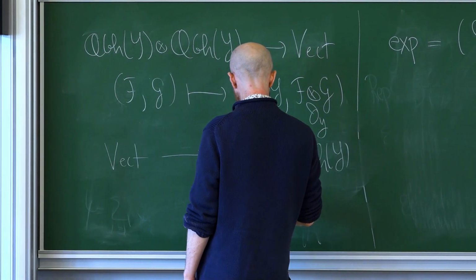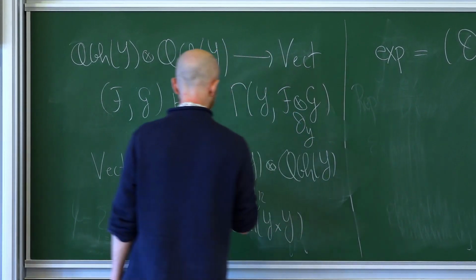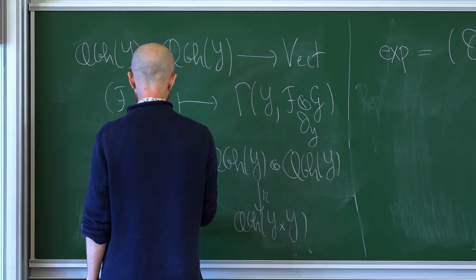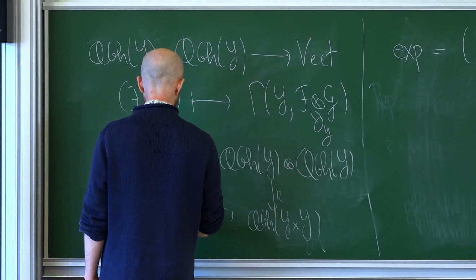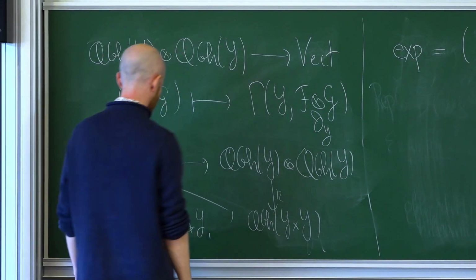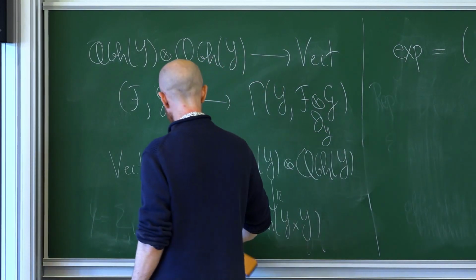And then the observation is that, for reasonable Ys, this category is just the same as quasi-coherent sheaves on the product. So it's enough to give you just some object of QCoh of Y times Y. And this is going to be delta star of O.